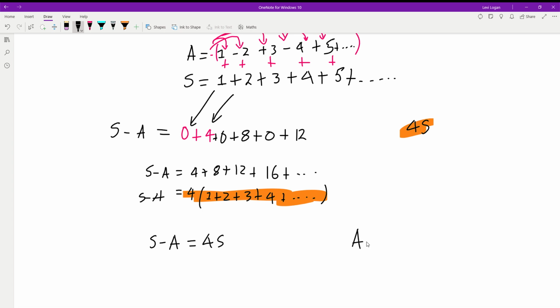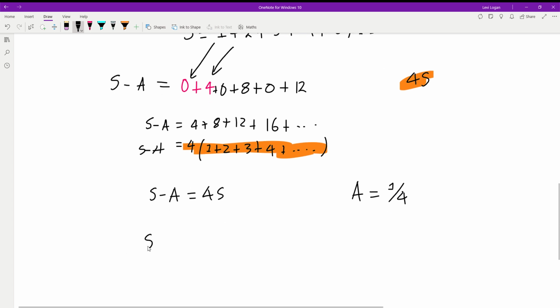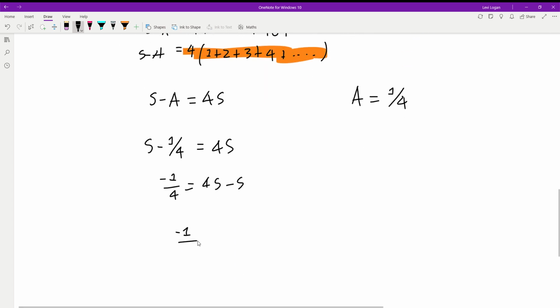Now we know A is a fourth. So S minus a fourth is equal to 4S. So effectively we have minus 1/4, and then 4S minus S. So negative a fourth is 3S, and therefore S is equal to negative 1/12.